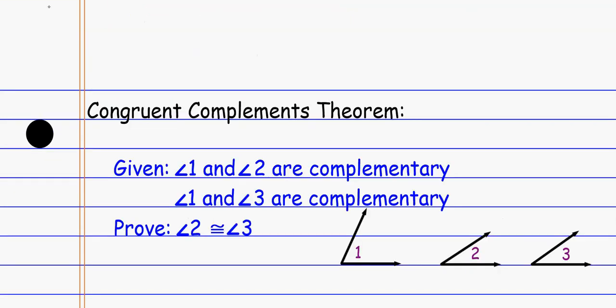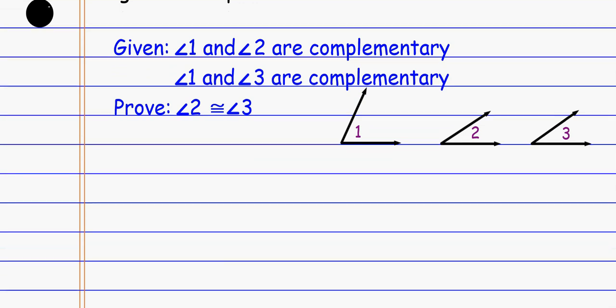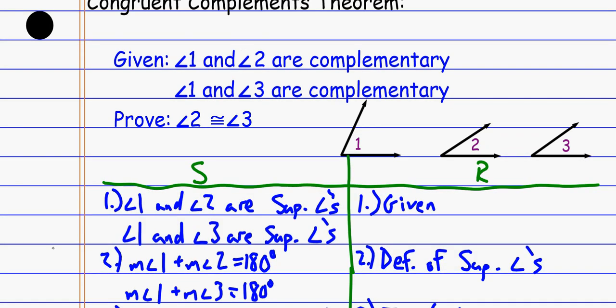The congruent complements theorem here is the same thing, except instead of supplementary, we have complementary. Instead of 180, we have 90. I'm going to do the exact same proof. So a little bit of magic here. I'm going to just paste in our old proof and then just change some of the stuff. You ready? Same thing, except instead of supplements, it's complements now.